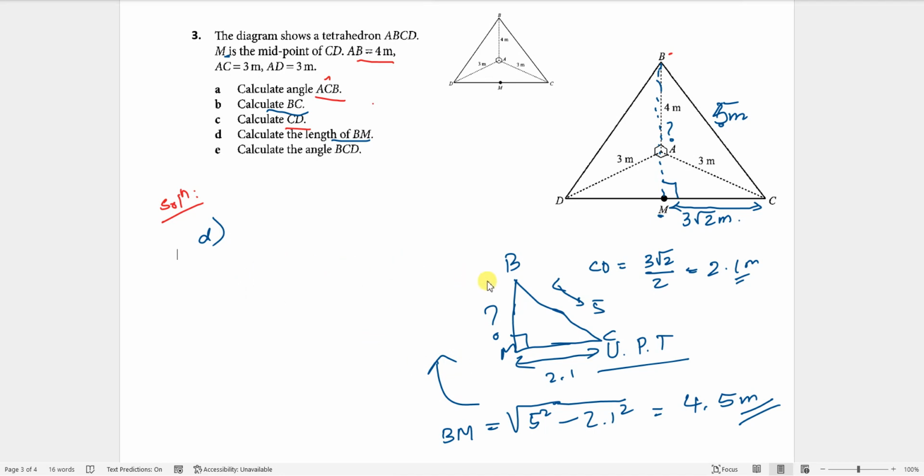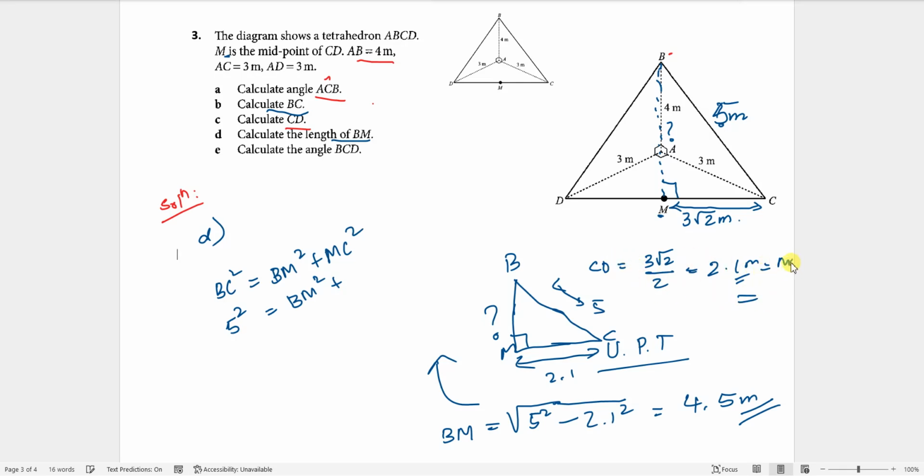So Pythagoras theorem is BC square is equals to BM square plus MC square. So BC square we know is 5 square, equals to BM, which we don't know and have to calculate, plus MC square, which we know is 2.1 meter, we just found it out here. This is MC, I write it here.